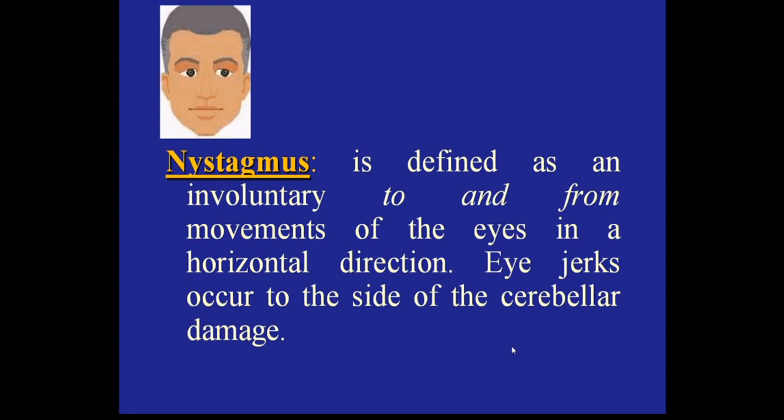Eye jerks occur to the site of the cerebellar damage ipsilaterally, like all cerebellar symptoms. This is nystagmus. Eye jerks in horizontal direction.